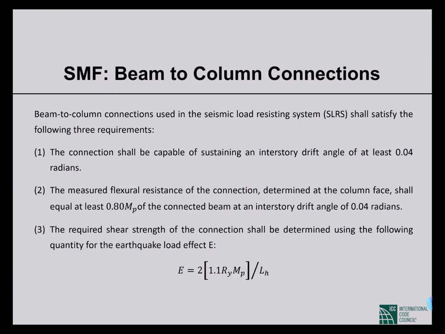Then we are dividing by the length, and then we are getting the earthquake load, E, for designing the connection. So this is coming from the connecting beams. So we'll apply these loads at the connection and we'll design the connection.